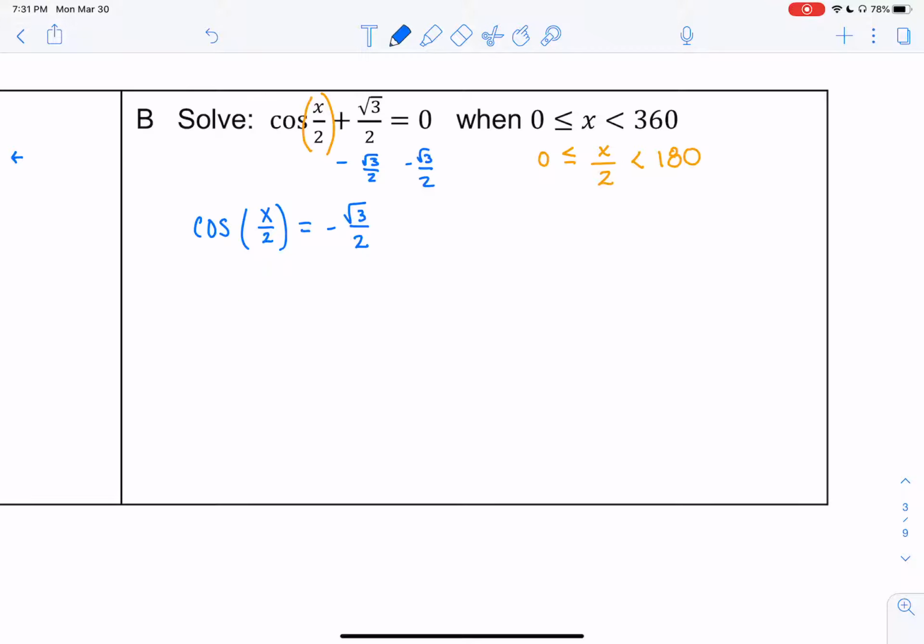You should find 2 solutions. One of those happens at 150 degrees, and one at 210 degrees. However, we can't use this one because it goes outside of the domain that we just talked about. So we're only going to focus on the 150.